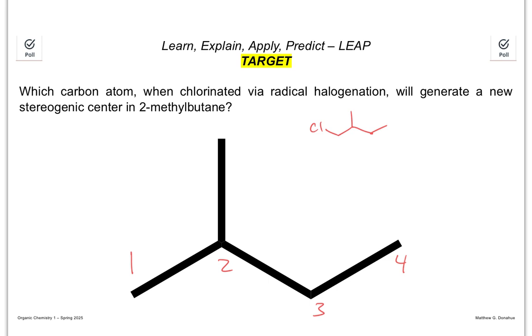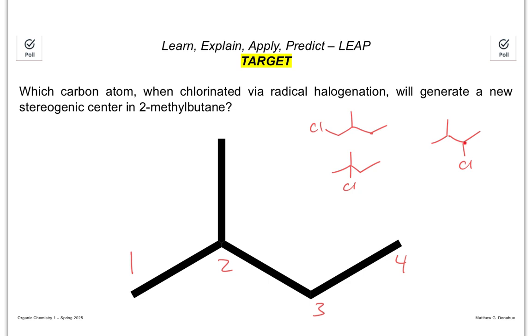So if we substitute it at position 1, and we say, is that carbon now a stereocenter? It's no, because we have 2 hydrogens. Let's substitute at position 2. Is that a stereocenter? No, because now there's 2 methyl groups. We substitute at position 3. Now, is this a stereocenter?